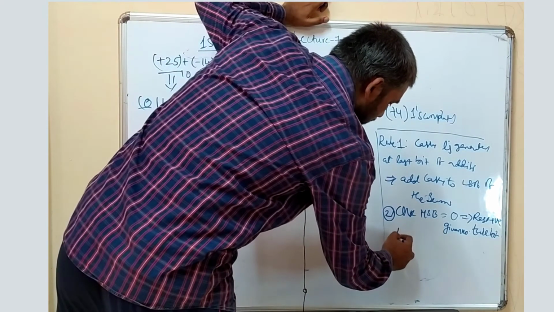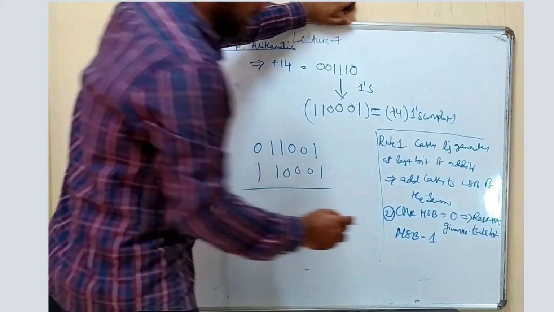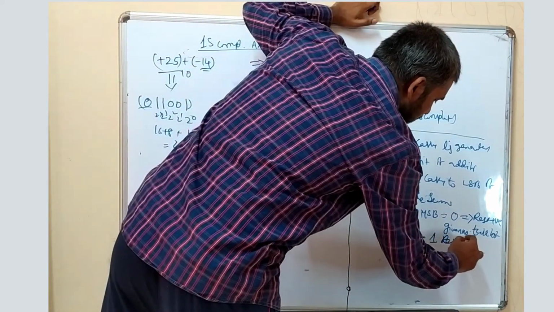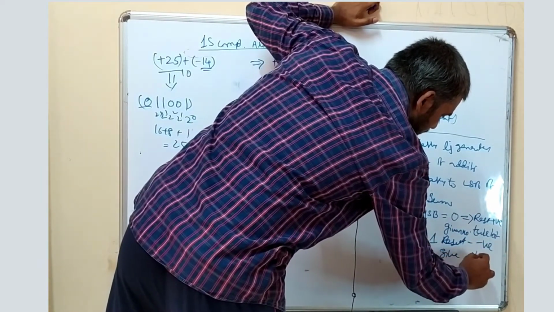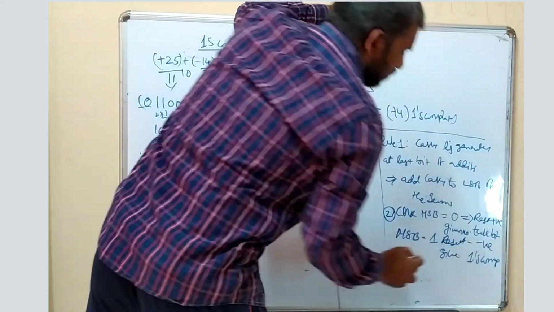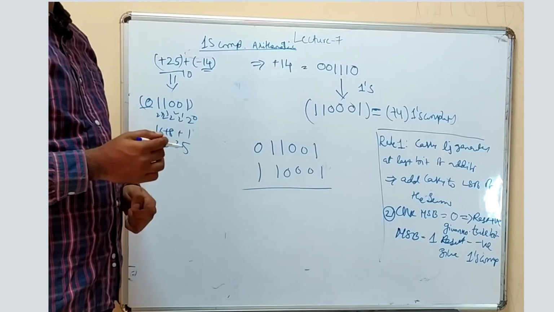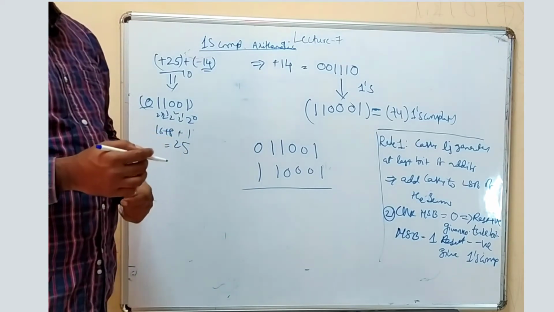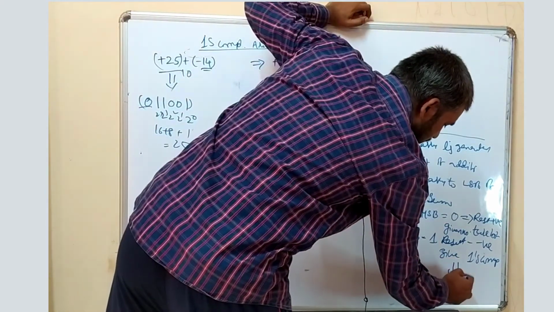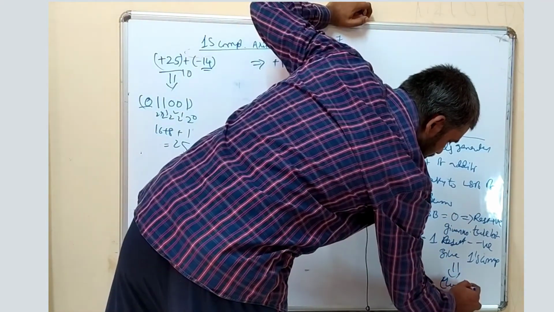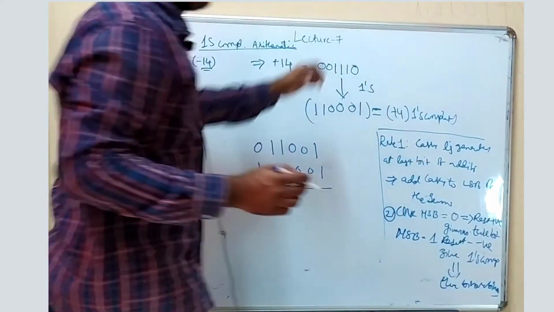If at all the MSB is 1, that means your result is negative and your given number is in 1's complement form. So whenever you get MSB 1, the result will be a negative number, and the magnitude will be in 1's complement form. You need to convert it back to true binary form by taking one more complement, as we discussed earlier.